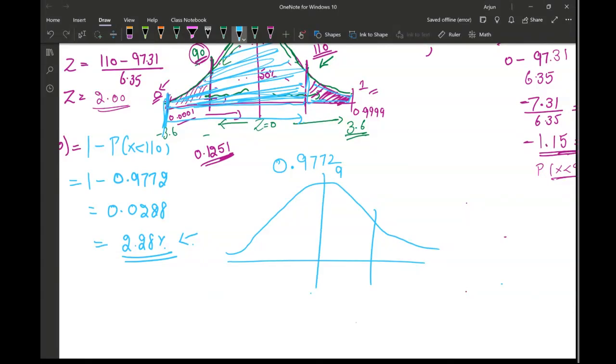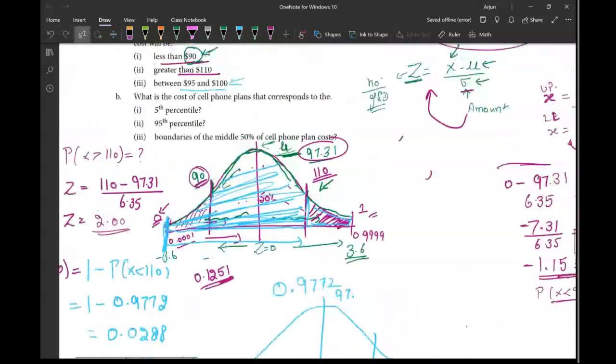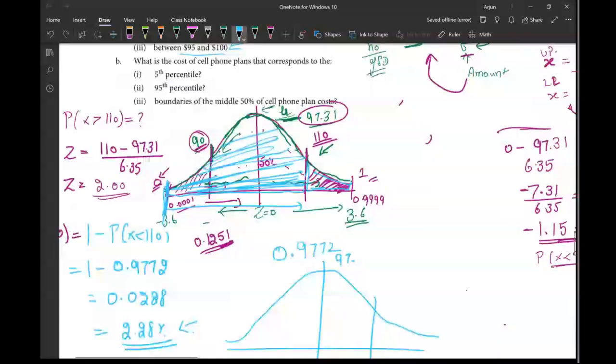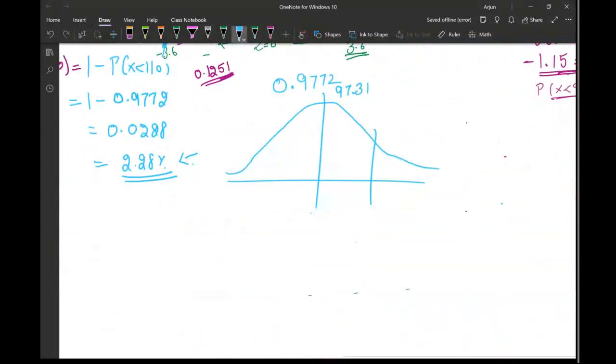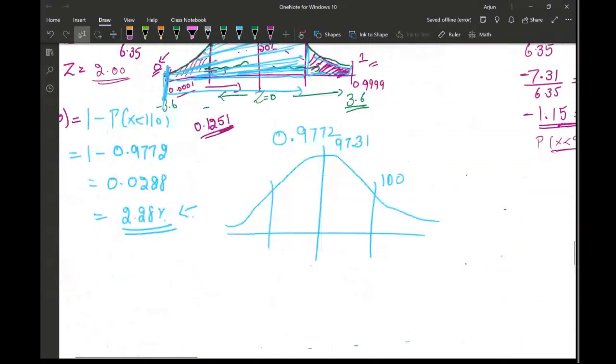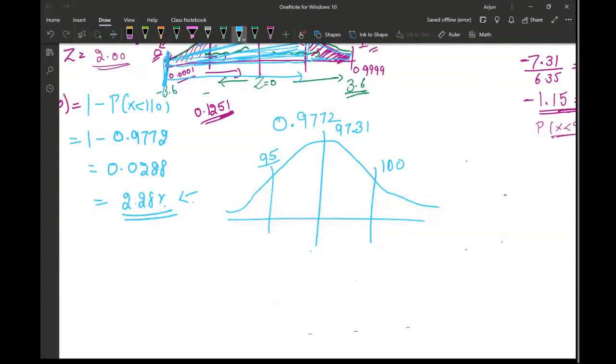Now $100 will be somewhere here. The mean value is 97.31, given to me, and this is $100, and then $95 will be on the left hand side. So 95 to 100, I'm looking for this section. How am I going to find this section?